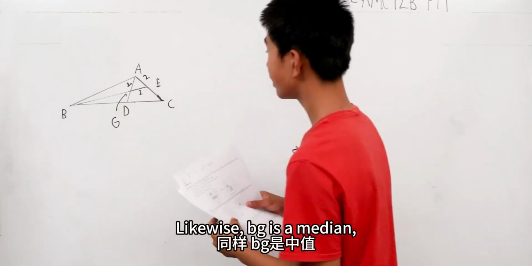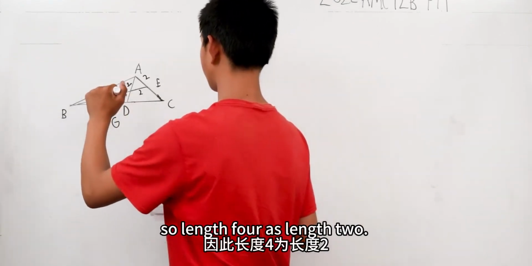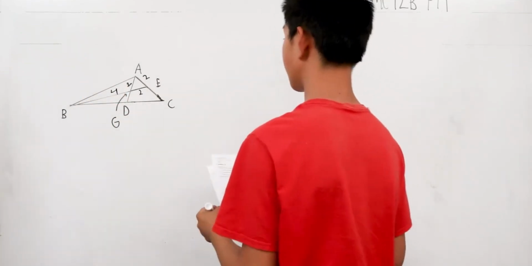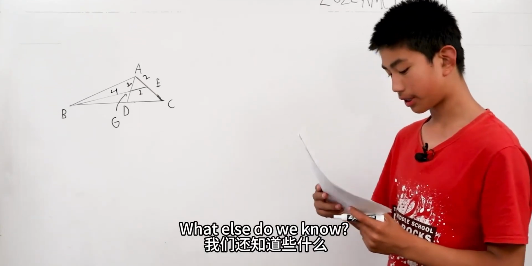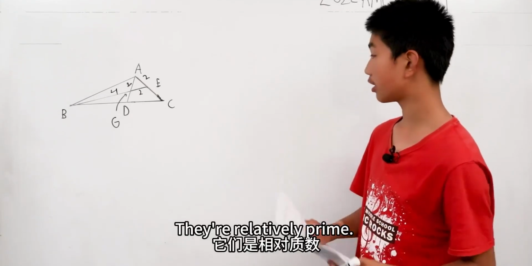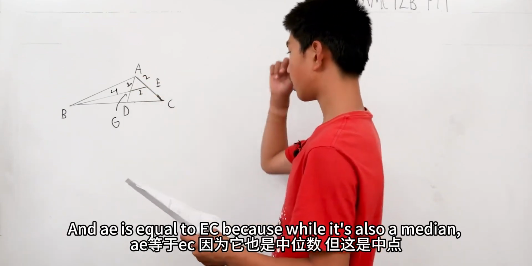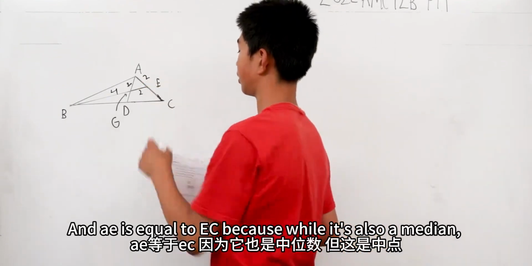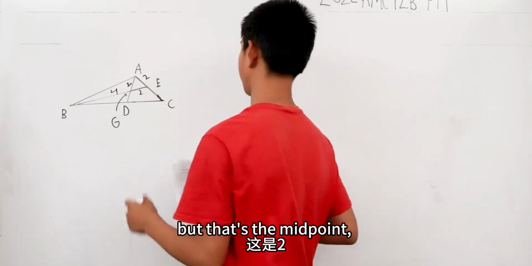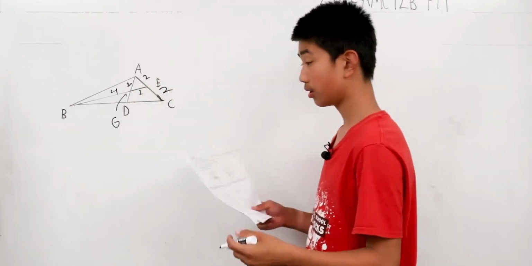And likewise, BG is a median, so this is length 2. Okay, so what else do we know? AE is equal to EC because it's also a median, that's the midpoint. This is 2 then, right?